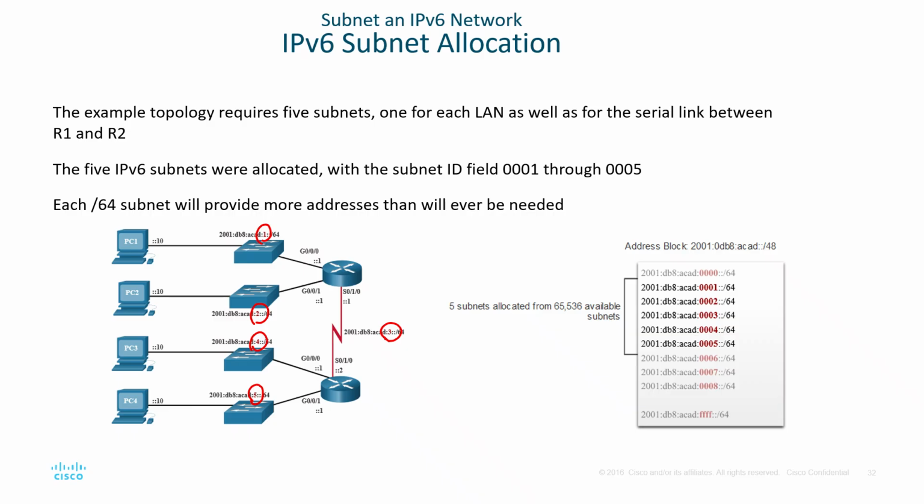To do the interface number, as an example, the very first one here, again, this first one identifies the subnet. It is the 4th hextet.